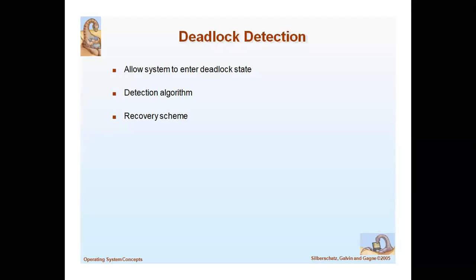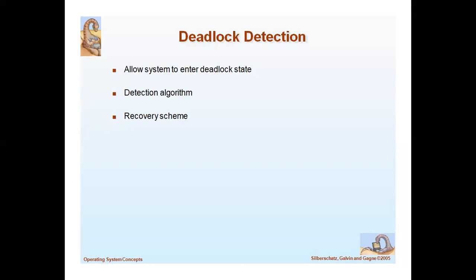So we use deadlock detection and recovery because if a system does not employ either deadlock prevention or deadlock avoidance algorithm, then the deadlock situation may occur. That means we allow the system to enter into the deadlocked state.